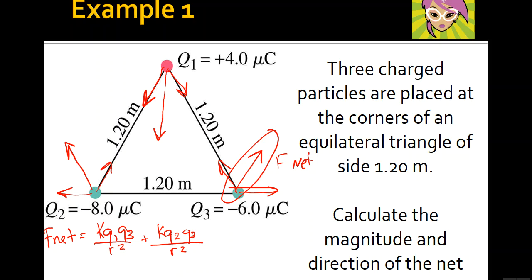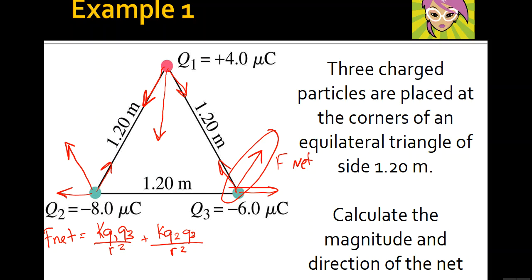Because I'm looking for the x direction, so this is going to be what compared to that? So that was cosine, right? Cosine 60. So that would give me the first force in the x direction.